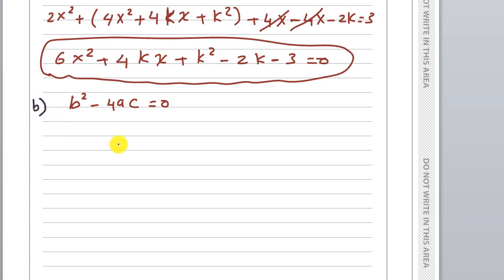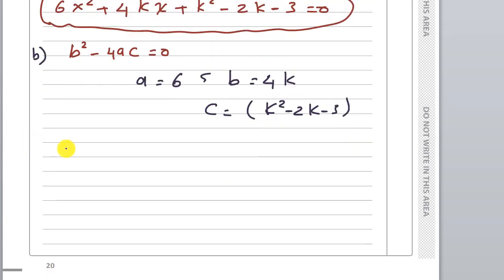So this is part B. From this equation, a is equal to 6, b is 4k, and c is equal to k squared minus 2k minus 3.